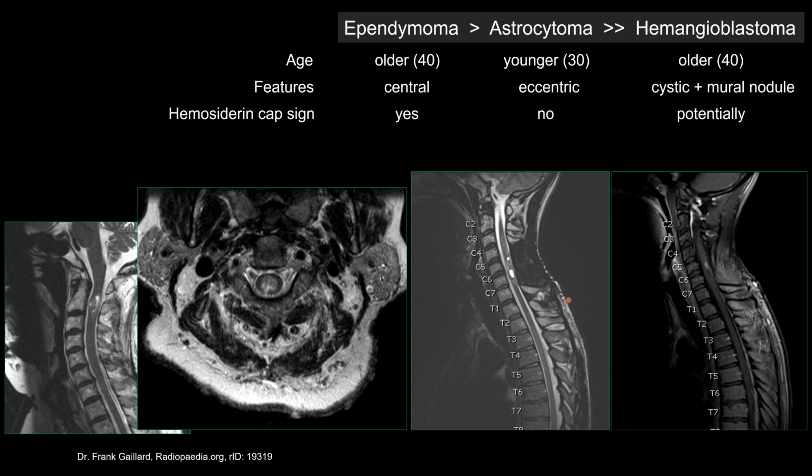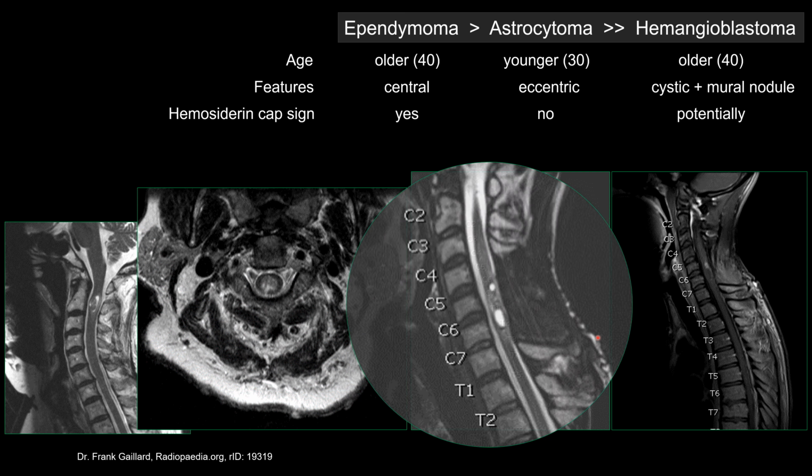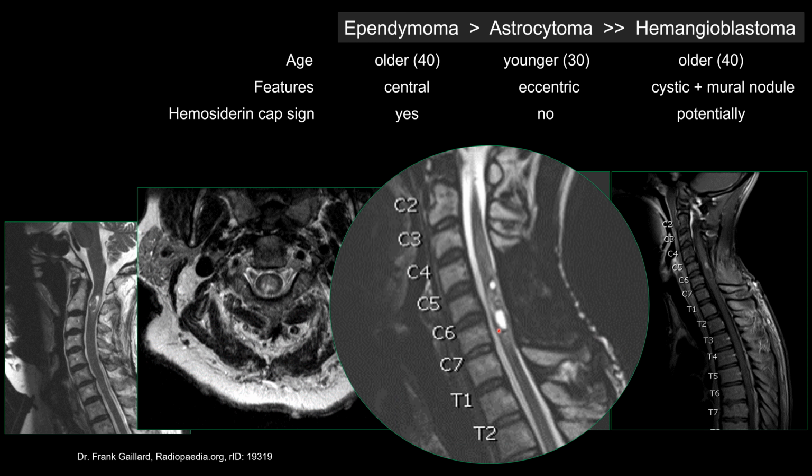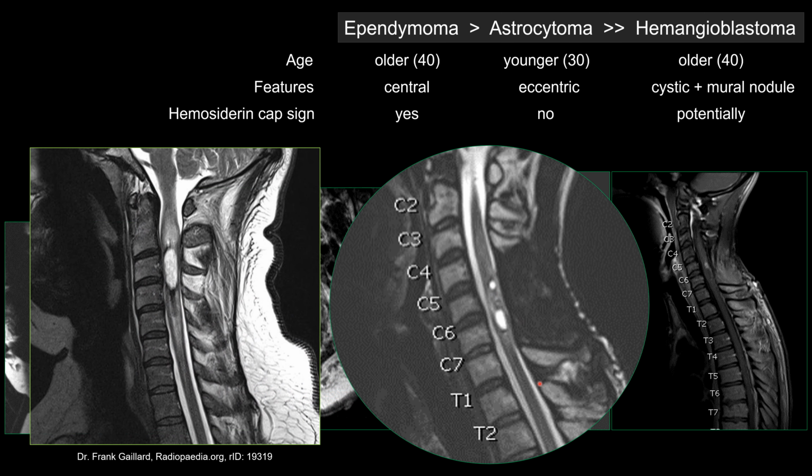This is the best example that I have in my collection. I hope you can see this small dark signal. It's old blood product that has a hemosiderin stain around both ends of the cap, the so-called hemosiderin cap sign. Not the best example, so I have to borrow a case from Radiopaedia.